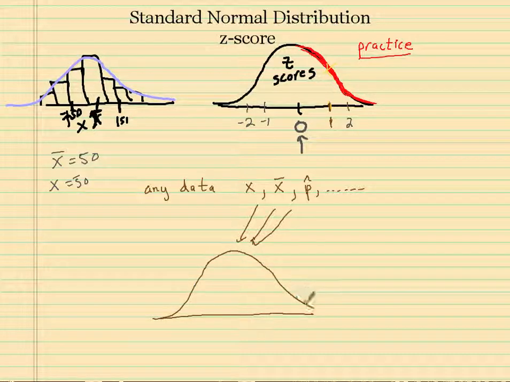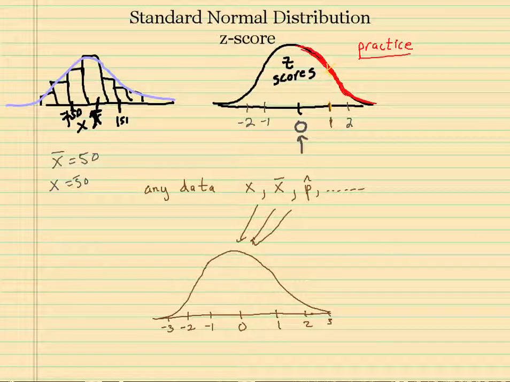This is a normal curve. The middle is 0. This is 1 standard deviation, 2 standard deviations, and 3 standard deviations. This is -1 away, -2, and -3.